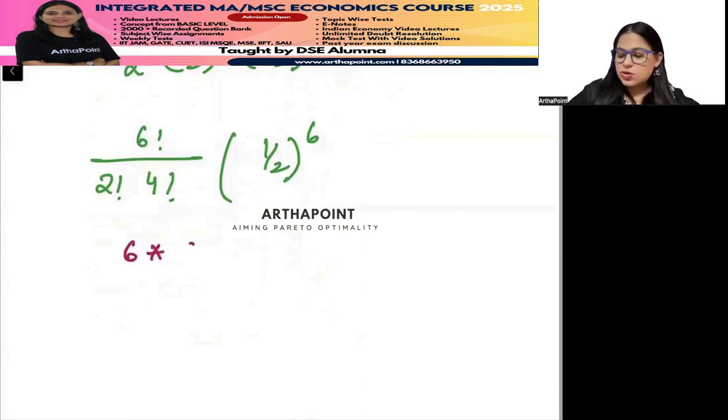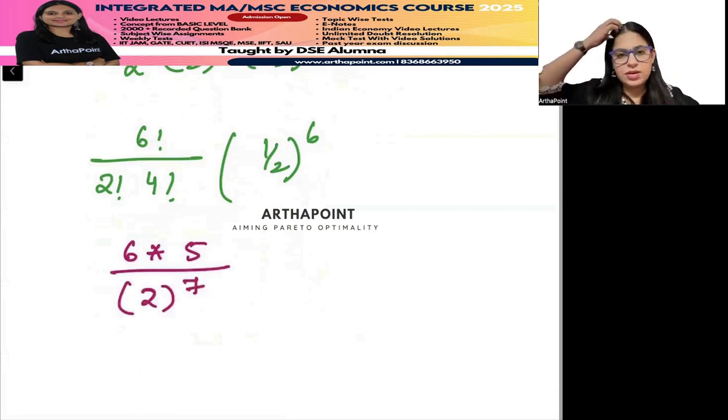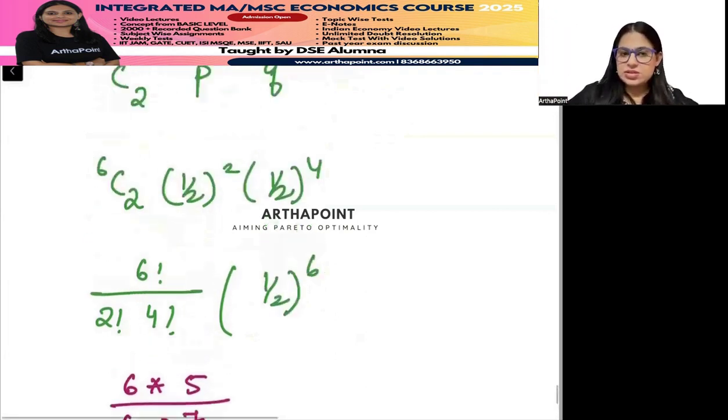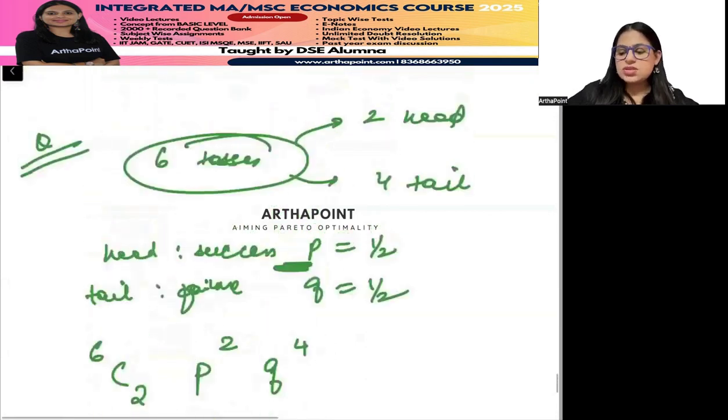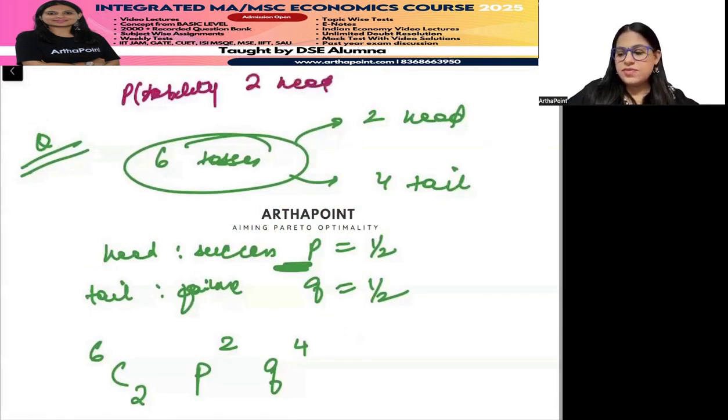This will be 6 into 5 by 2 to the power 7. So this is the probability of getting 2 heads when 6 coins are tossed.